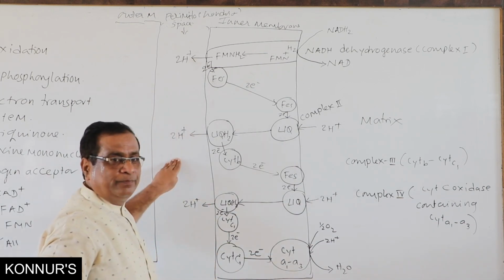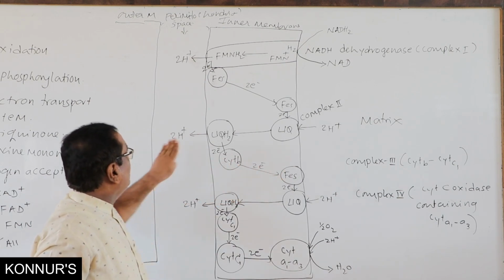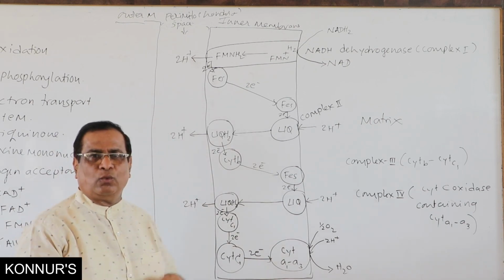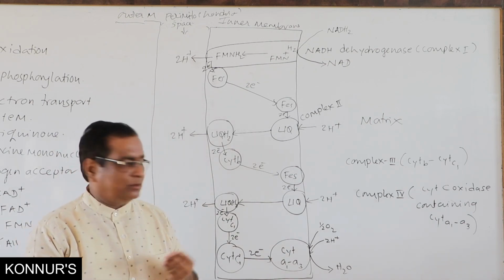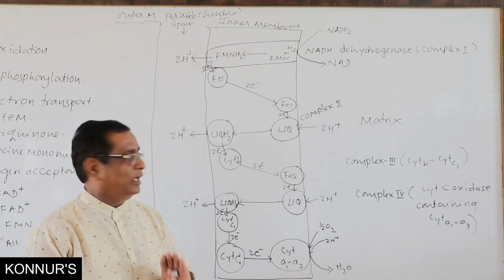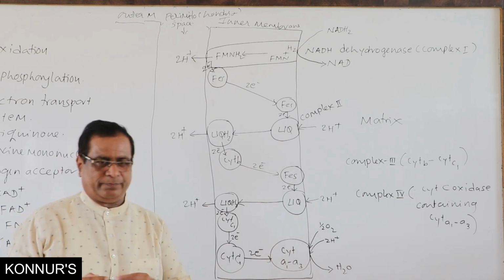Here we have the pumping of 2 protons from the matrix to the perimitochondrial space in 3 regions, so that we can expect 3 ATP formation. Let me draw that fifth complex also.